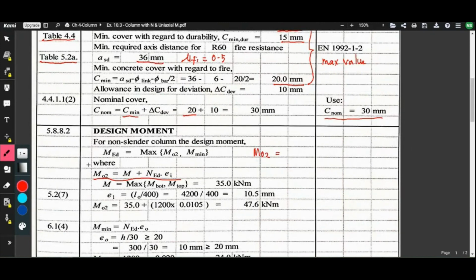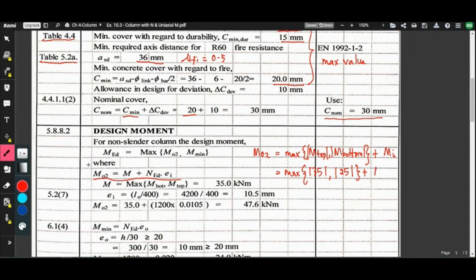M02 equals the maximum of the absolute value of M top or M bottom plus M imperfection. So the maximum of M top is 35, M bottom is 25, plus NEd times ei.